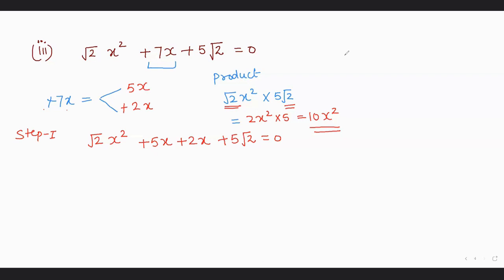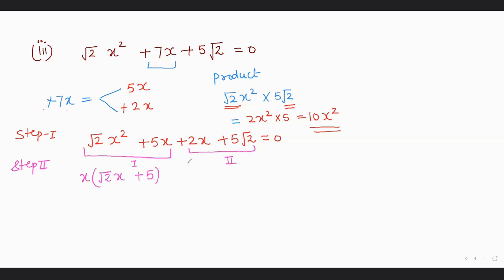So now students, in step 2, our task is to take the common. Let's say this is our part 1 and this is our part 2. Now you see in the first part, the common term is x only. If x is common, the remaining part will be square root 2x plus 5.